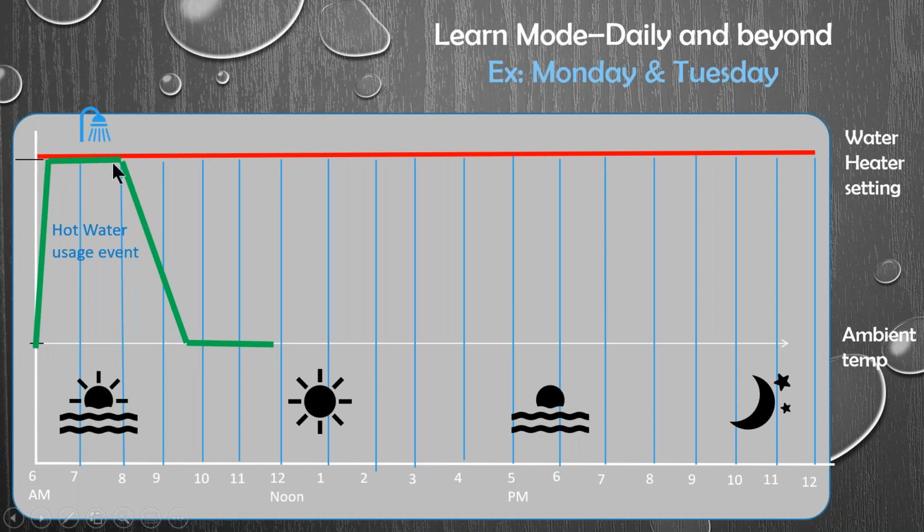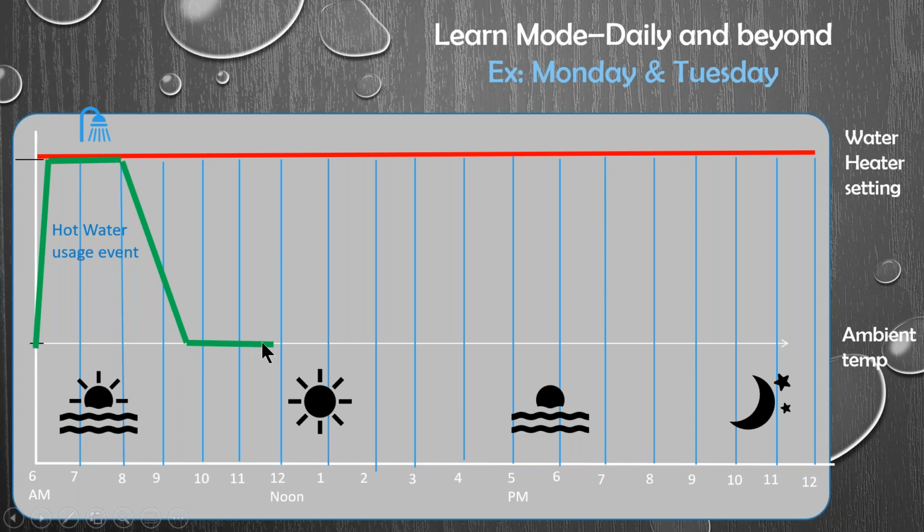So when it is on, that means it's activated, not necessarily running the entire time. What it's doing is running here, 5 minutes on, 10 minutes off. The water's not going to cool down that fast in the pipe, so that's okay. But at least it's making sure the pipe is charged with that warm water so it doesn't cool down. So it learned that one event on Monday and Tuesday, it shuts off, and then it coasts down the rest of the day.